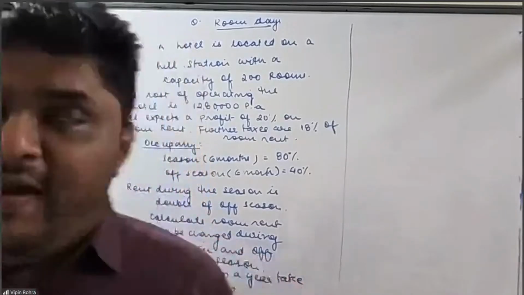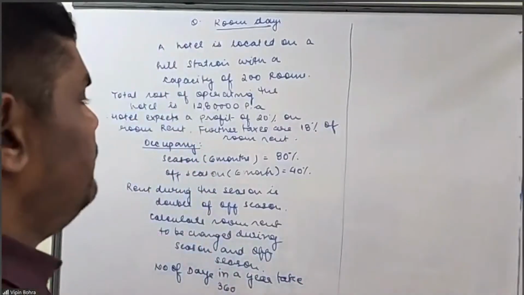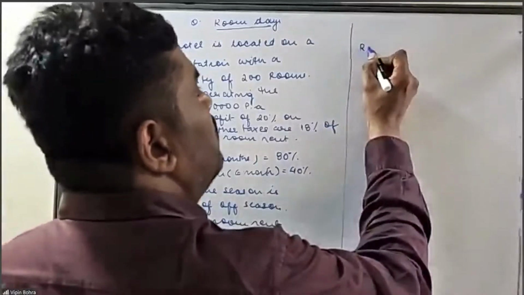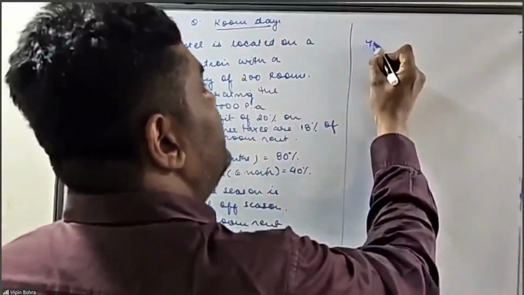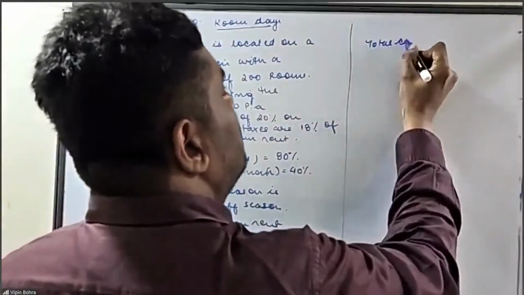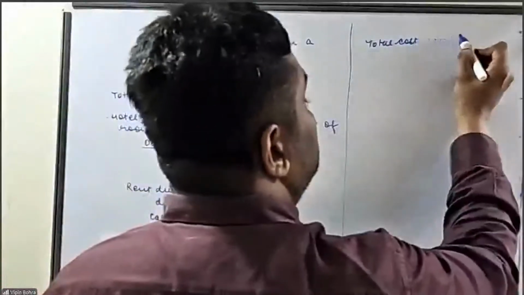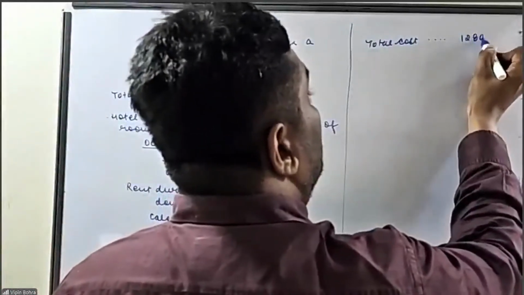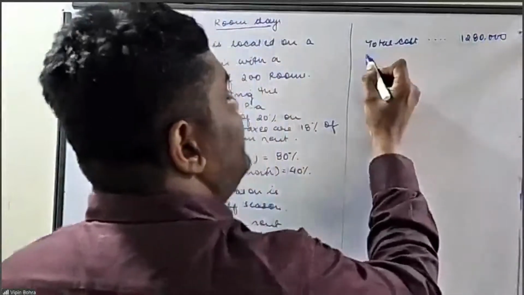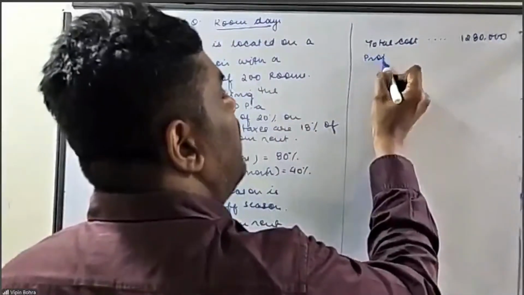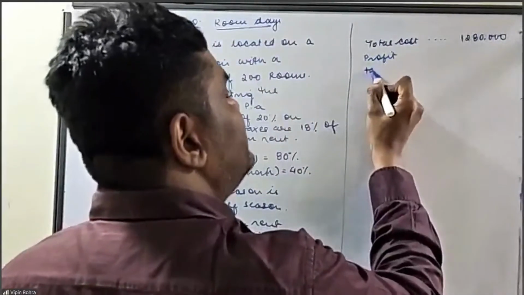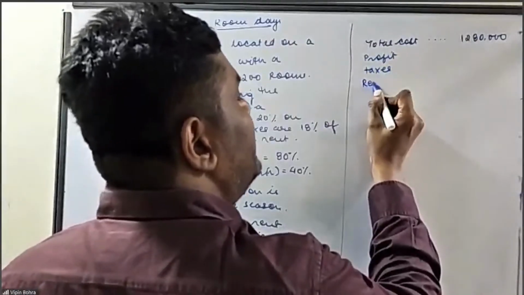Okay. So fine, let's check. First of all, let's calculate the revenue. Here the total cost is given, that is 12,80,000. In this, we need to add profit and taxes. Then only we will get the revenue.